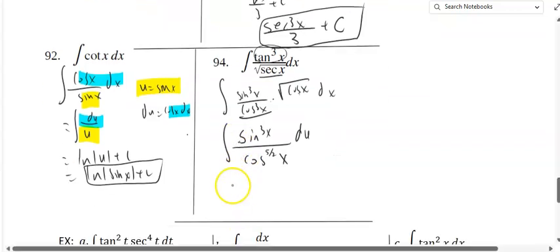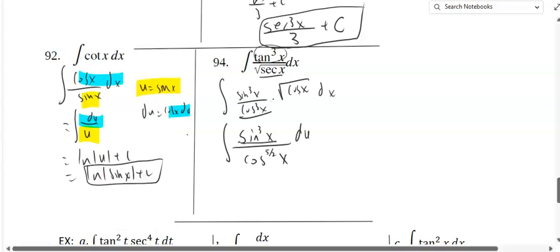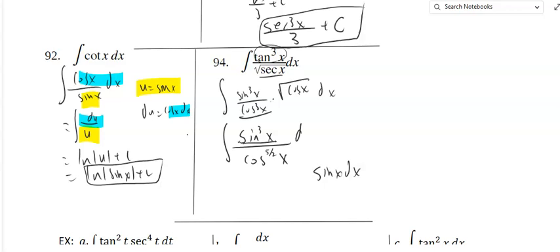Now I look at this. I say, okay, well, I don't like how this looks. Here we go. We have odd powers of sine and cosine. We know what to do. Save a sine out. That's going to be your du. Well, if I factor a sine out of that, that means there is a sine squared of x.